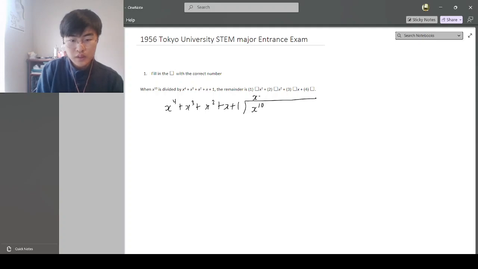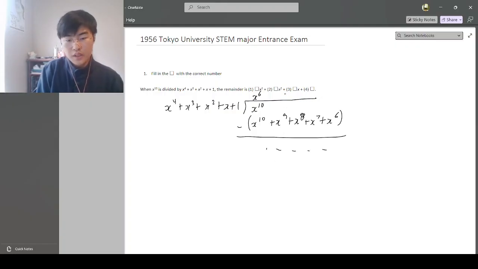And then you would say x to the 6th. Then this would be x to the 10th, x to the 9th, x to the 8th, x to the 7th plus x to the 6th, and then we'd subtract that, and then we would just keep going. And then what you'll actually end up finding is that the remainder is 1. So our answer is just 0, 0, 0, 1.